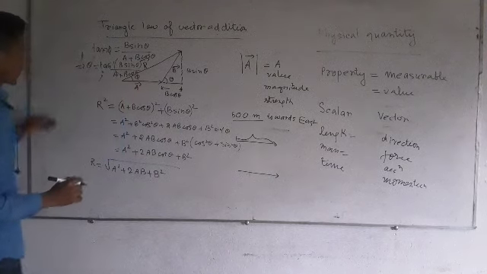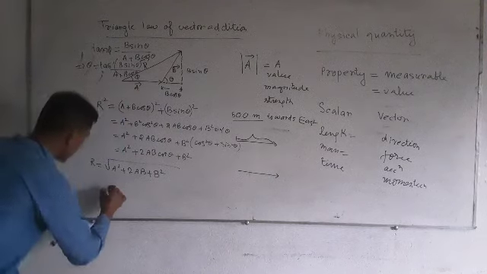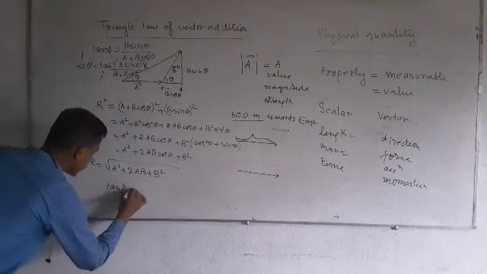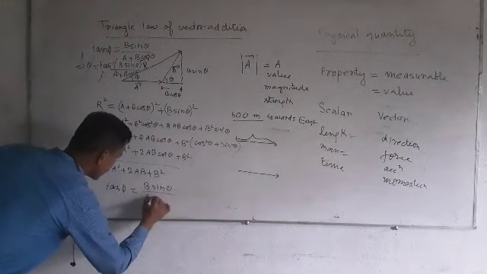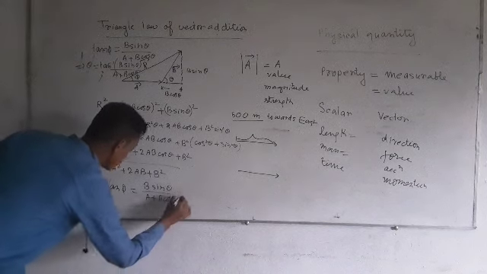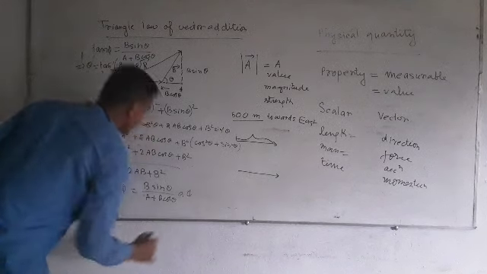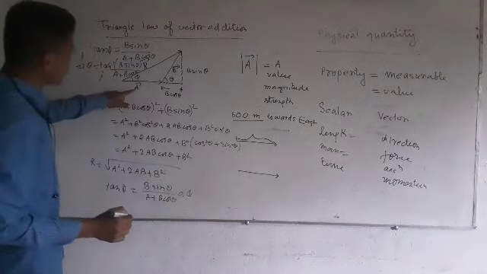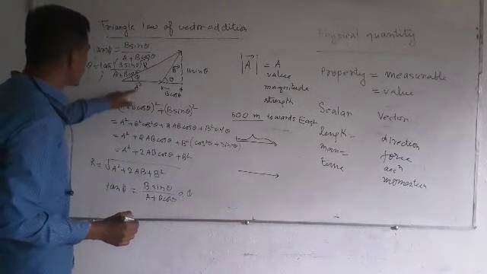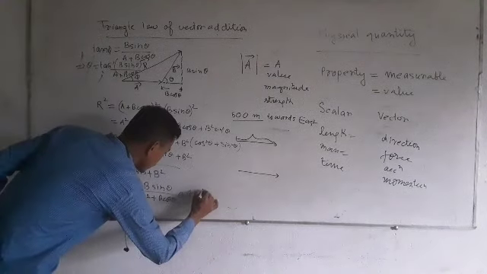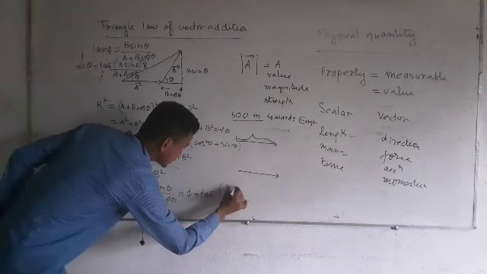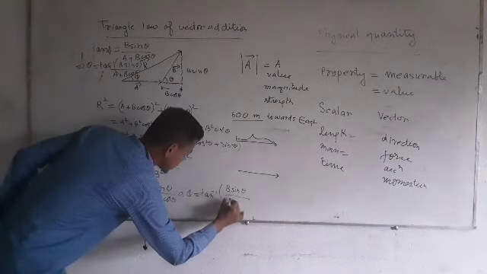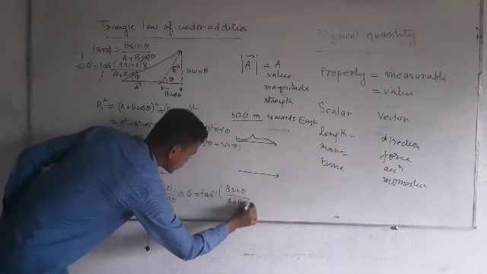Phi is the angle made by the resultant vector with the A vector.